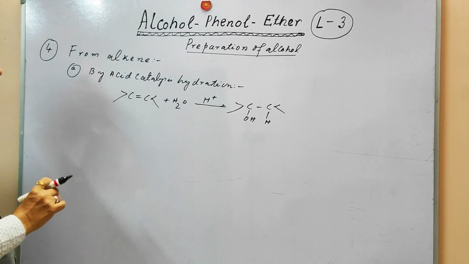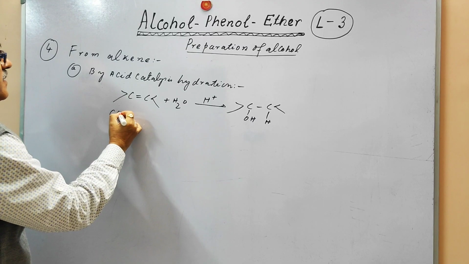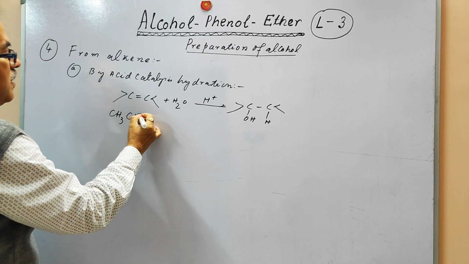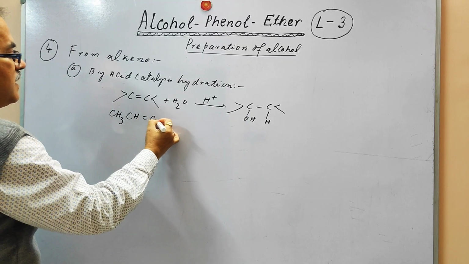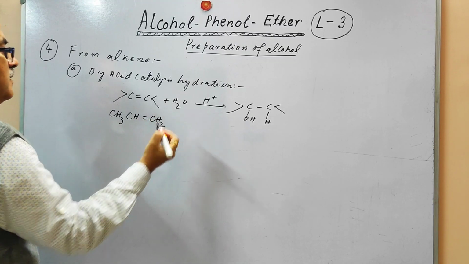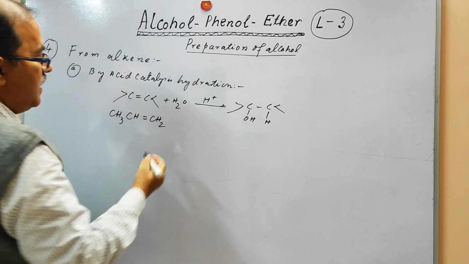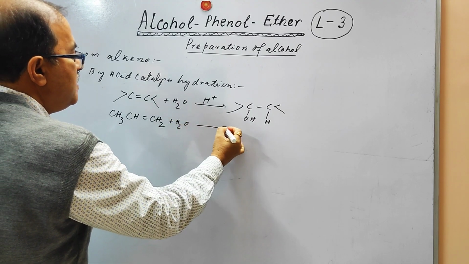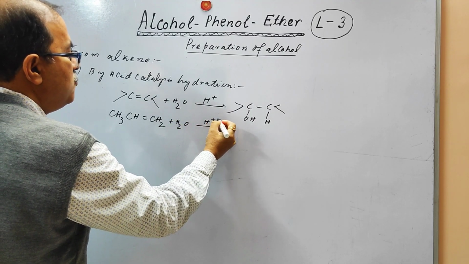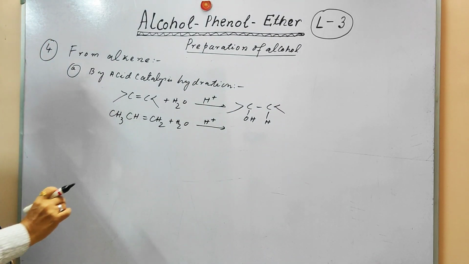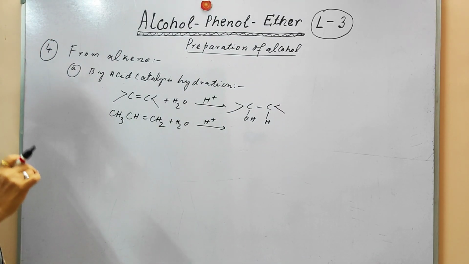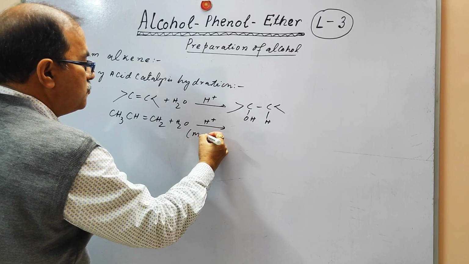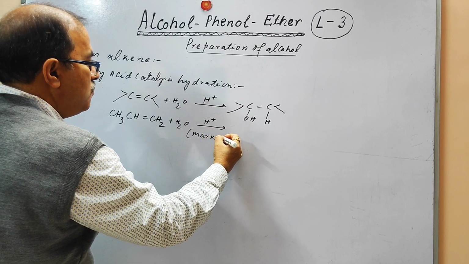This is very simple, but when there is an unsymmetric alkene, the addition of this H plus and OH minus ion will be in which place? That will be governed by the Markovnikov rule.